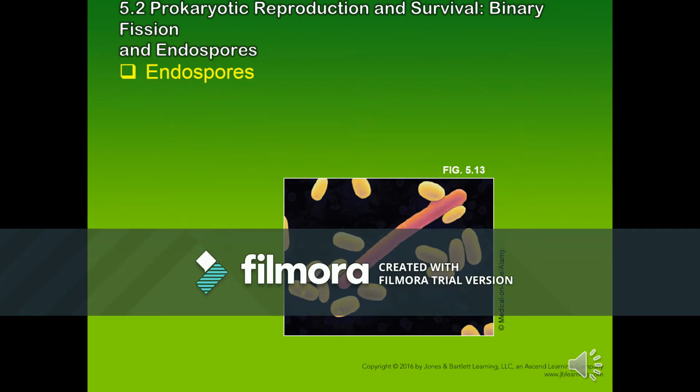Okay. Now, if you want to be able to survive in a harsh environment, you can form endospores. Here we have, in the red, a typical bacteria, and then around it are the endospores. The endospores are a heat-resistant, drying-resistant form that will help the cells to survive for a very long time.